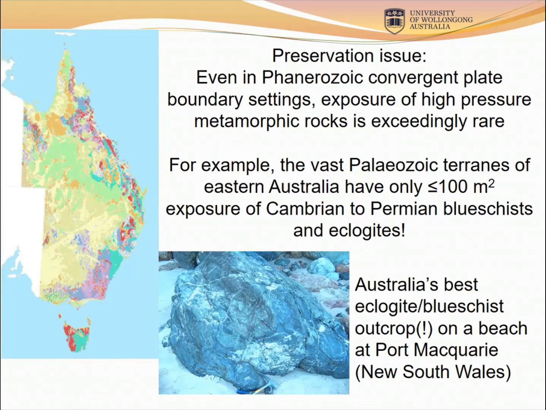And in that vast area, there's probably only about 100 square meters of exposure of actual Cambrian to Permian blueschist and eclogite, high pressure metamorphic rocks. That single outcrop is Australia's best eclogite blueschist outcrop. As you can see from the hammer, not much of it, on a beach at Port Macquarie in New South Wales. So there's always this preservation issue with high pressure metamorphic rocks.